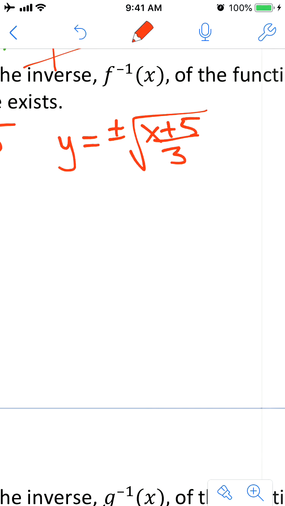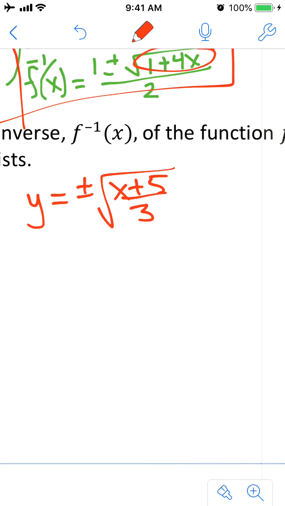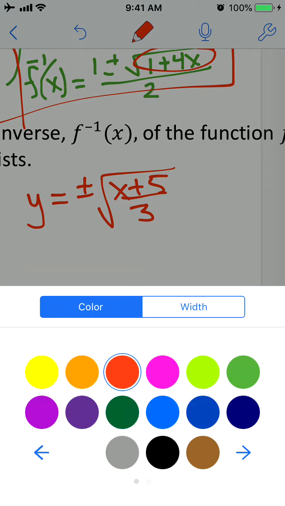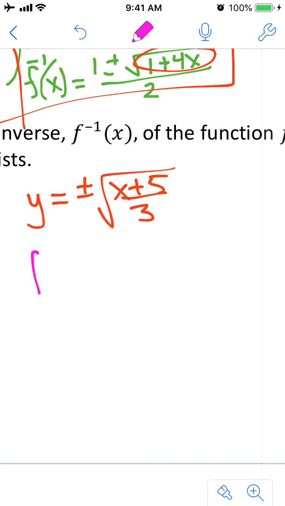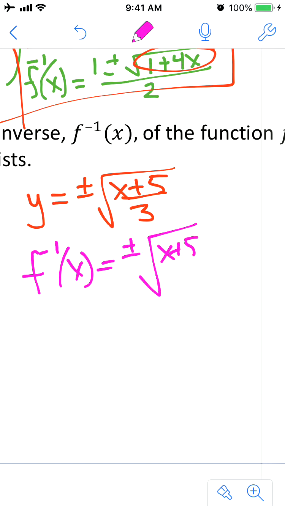It would end up looking like this, regardless. You'd have no b term, b would be 0, all over 2a, and you'd get the exact same thing after solving. So, fun fact. Alright, but we do still have to consider that domain and range, and we really should change it to f inverse of x, because that's what they asked for. Plus or minus the square root of x plus 5 over 3.